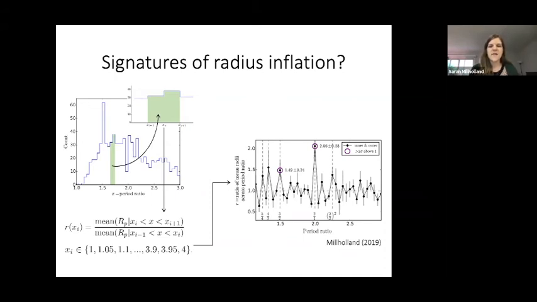And you can see that the only places this happens are at the 3:2 and the 2:1 mean motion resonances, although you can also see some enhancements perhaps at these other first order mean motion resonances. So the takeaway, at least the somewhat provocative idea here, is that planets wide of mean motion resonances seem to have anomalously large radii compared to other planets in this distribution.